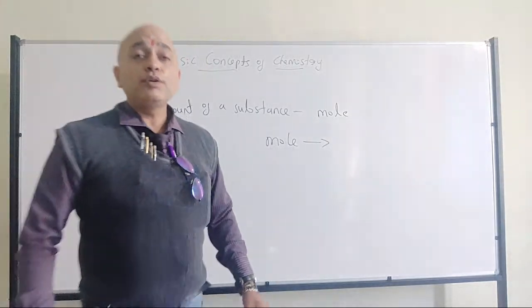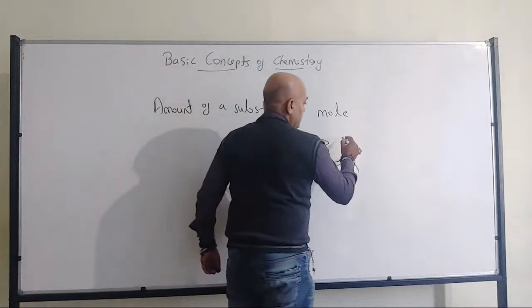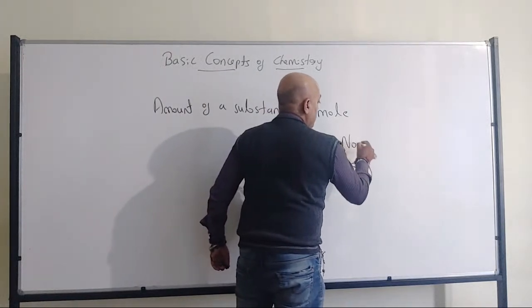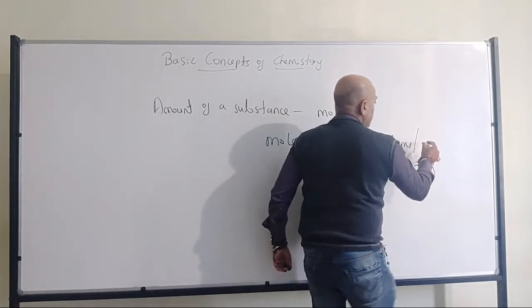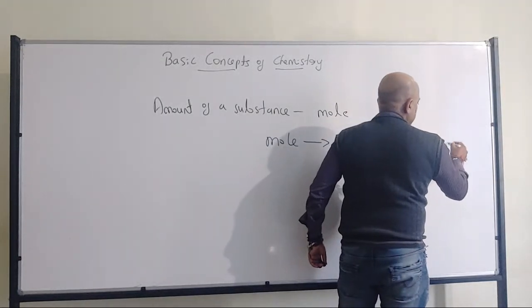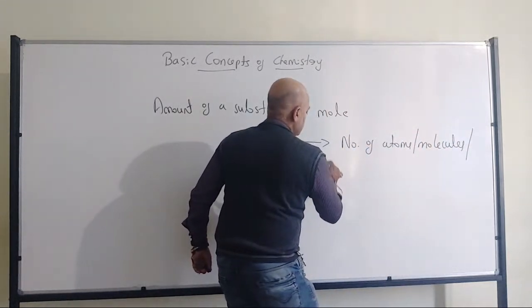What is that amount of substance? So amount of substance, that is mole, is nothing but the number of atoms or molecules, or it is applicable to anything, molecules or substance.